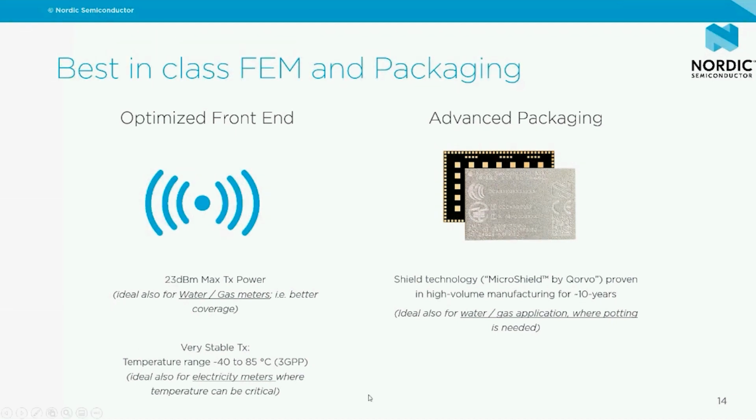Another thing is that we have a very stable and very robust solution that works from -40 to 85 degrees, which is higher than most, if not all, other standard modems in the market today. So we can operate with 23 dBm output power and be 3GPP compliant up to 85 degrees.